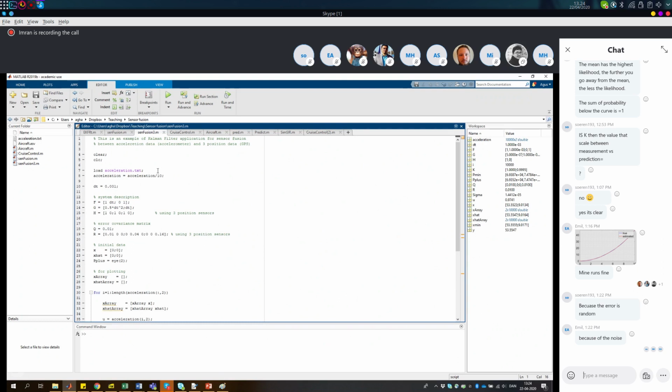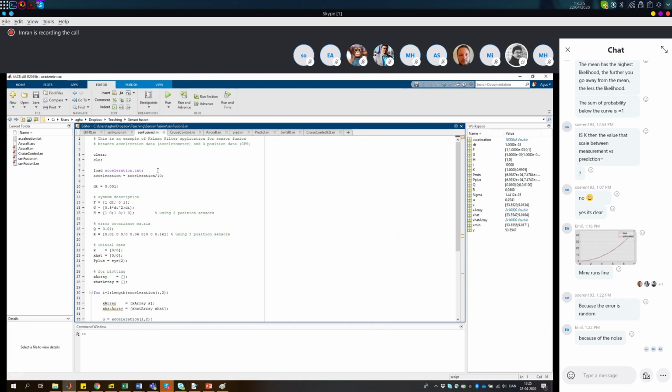So you have position sensors for indoors, 3 sets of sensors that give you X, Y, and Z. Because of noise, maybe this X, Y, and Z are quite different. You can imagine that. But you also have an accelerometer.